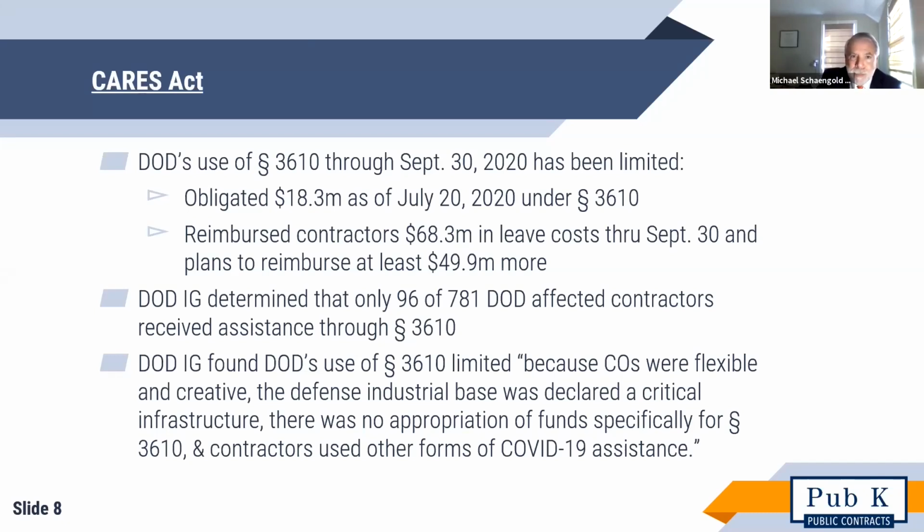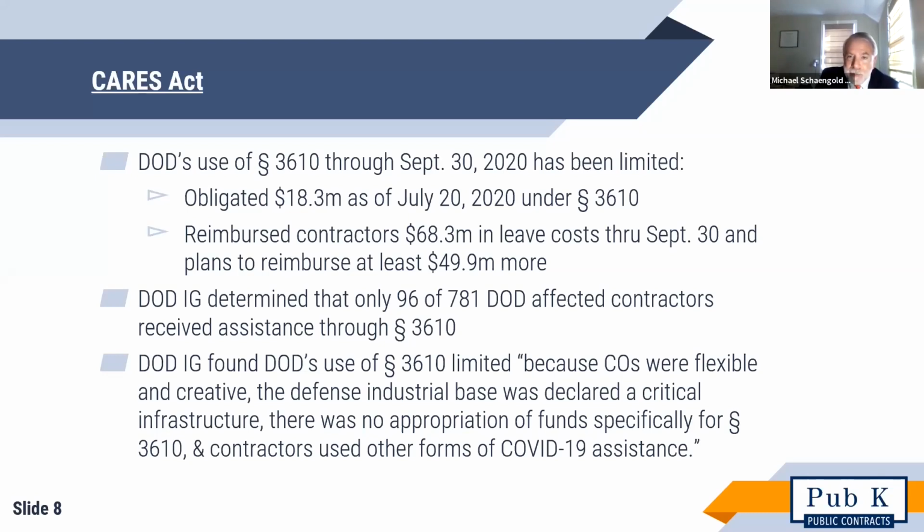Now, the DoD IG has identified that Section 3610 authority was not more widely used within DoD because contracting officers were flexible and creative, the defense industrial base was declared a critical infrastructure, there was no appropriation of funds specifically for Section 3610, and contractors used other forms of COVID-19 assistance. Not surprisingly, various other agencies have issued their own guidance on Section 3610.